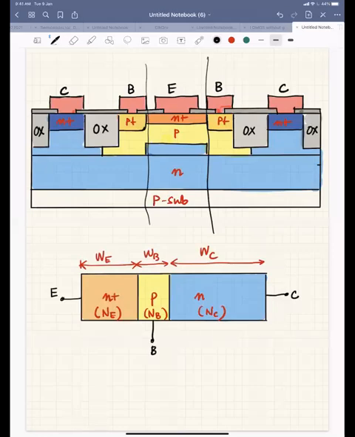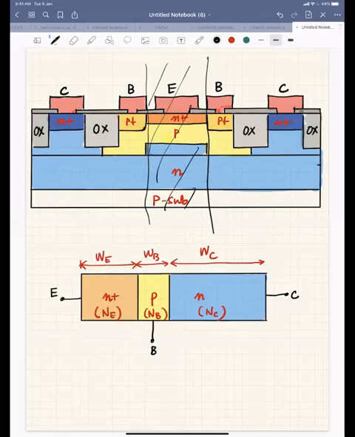I rotate it, and then we have N plus P N, and this is my emitter region. Assuming here that the emitter is highly doped, and why it should be highly doped, we'll discuss in a few minutes, right?